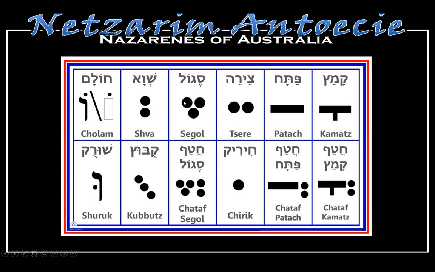Then we have a segol, which has the E sound like se. And then we have a tsere, which has the E sound like ze, a longer E sound. Then we have patach, which has a short A sound, and kamatz, which has a longer A sound. Okay, that'll do for this week.